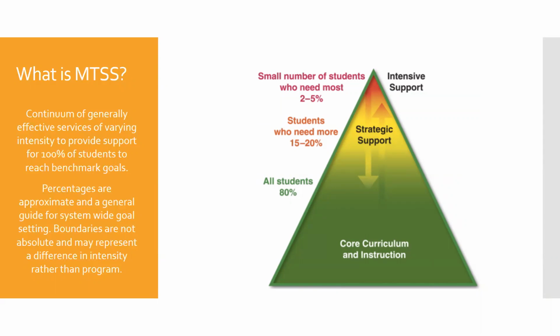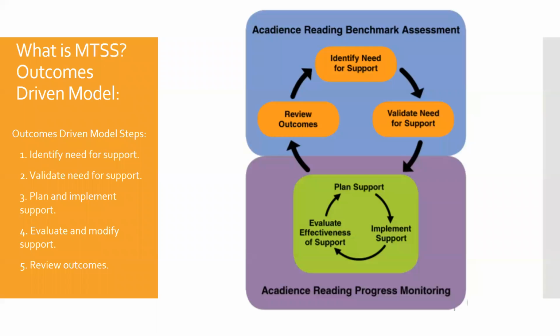So this continuum of support that we give our students depends on their outcomes on their benchmarks. This is one example of an outcome-driven model that is used with Acadian's reading benchmark assessments. So in the outcomes-driven model, there are really 5 steps for achieving these goals. Step 1 is to identify the need for support.